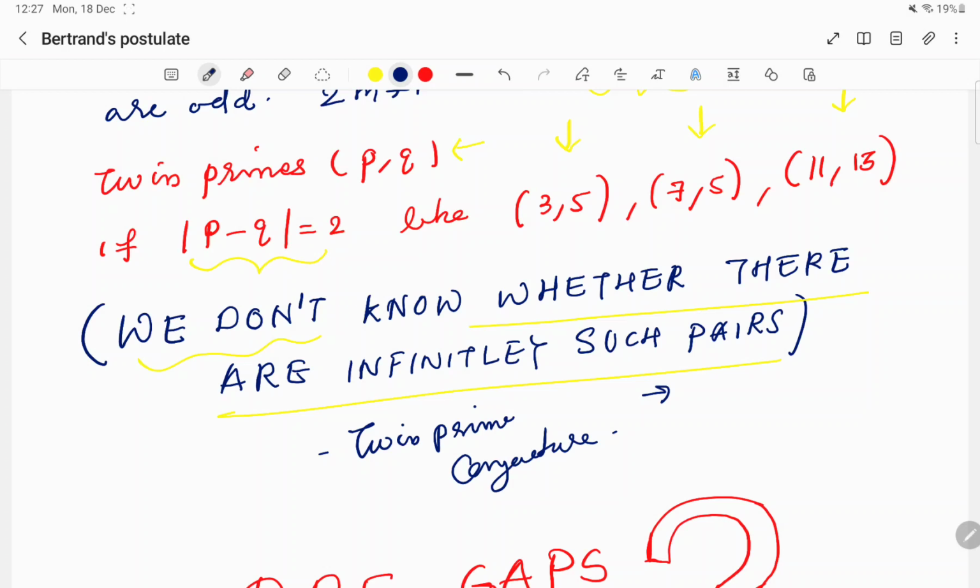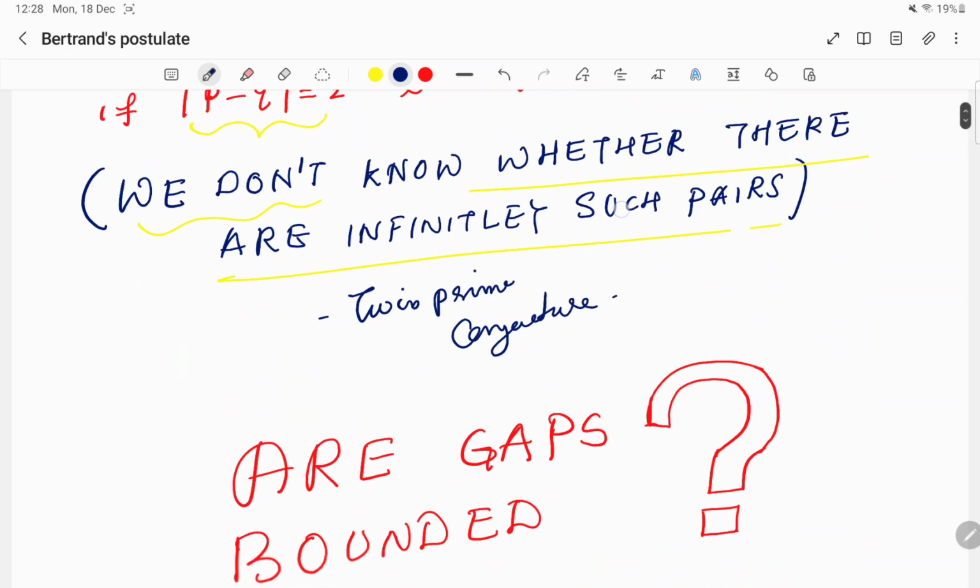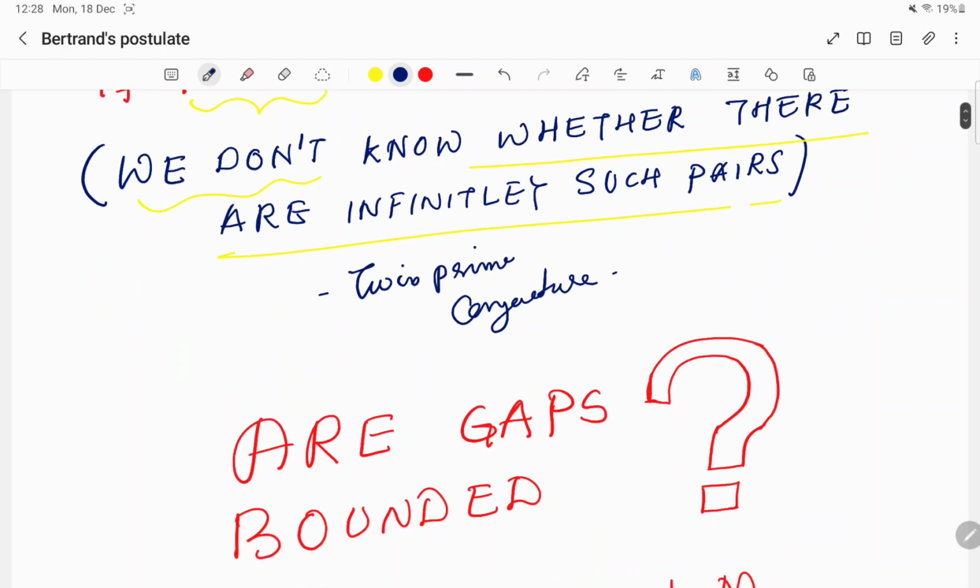If there are not infinitely many, then you have to find a bound, a natural number, beyond which there is no twin prime. So these are the ways to prove it, but nobody has proved it yet. So the twin prime conjecture is a still standing conjecture.